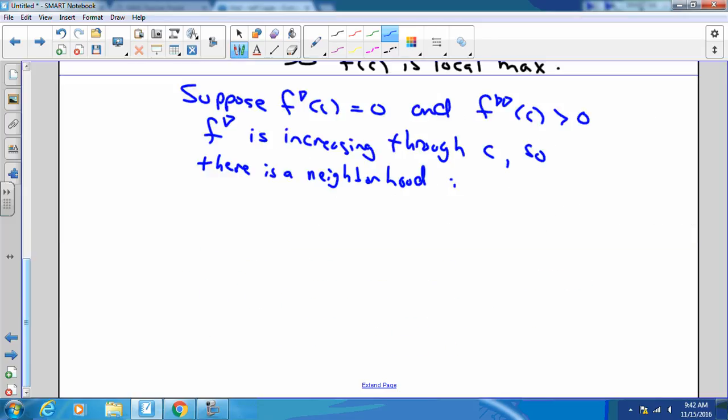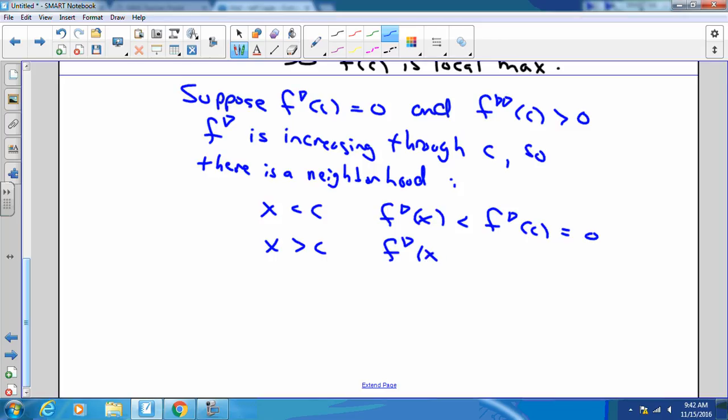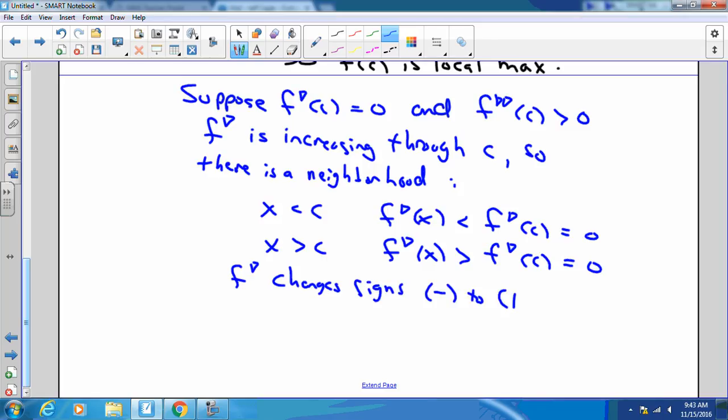When x is smaller than c, f prime is smaller, which is 0; when x is bigger than c, f prime is bigger than 0. So it's a local min. Yeah, let's go ahead and say the obvious: that means f prime is changing signs from negative to positive at c, so f of c is a local min.